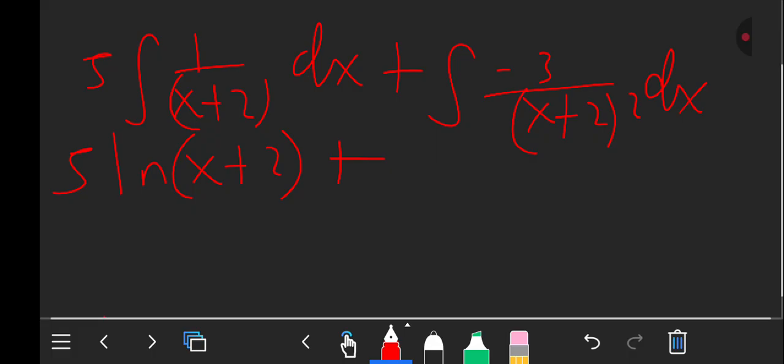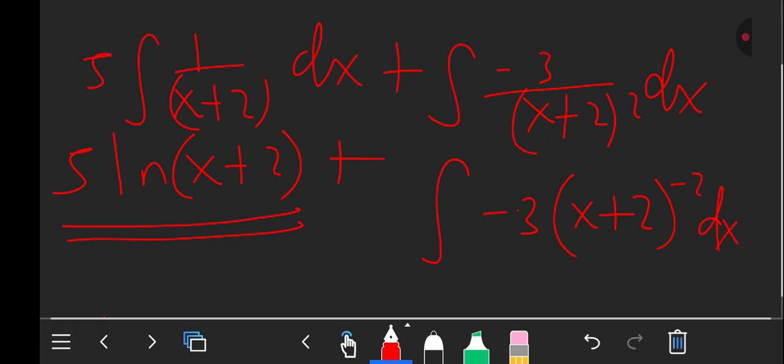So how can we integrate this? Let me hold on this and deal with this one. What I'll say is same as integral of -3 open bracket x plus 2 to the power -2 dx. So I can use integration by substitution, whereby I'll say let u be equal to x plus 2, what is in the brackets.